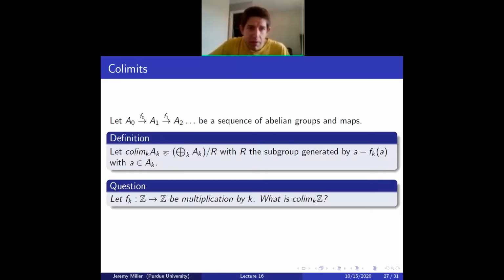An element in the colimit is a sum of elements in any of these groups at finite stage. But then you identify elements with their image under these maps. If all of these groups are subgroups of some big ambient group, and all of these maps are just inclusions, then the colimit is just the union.